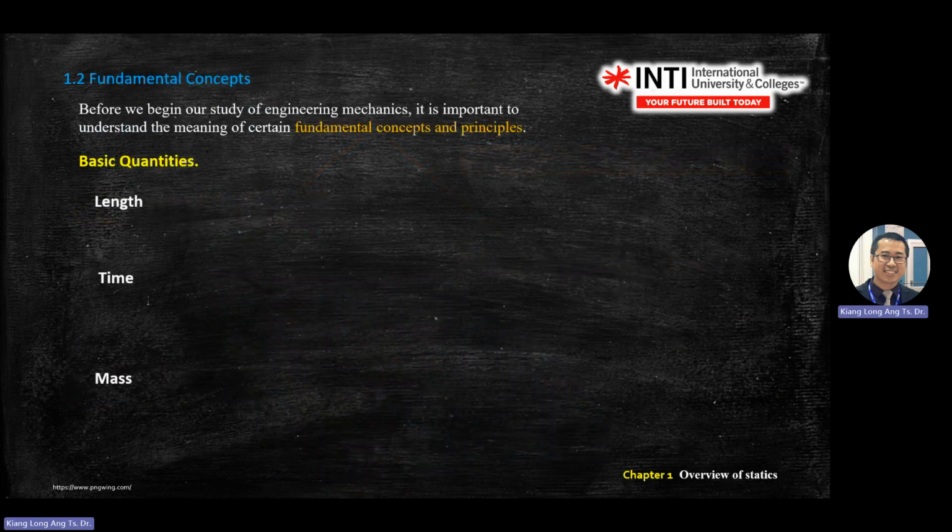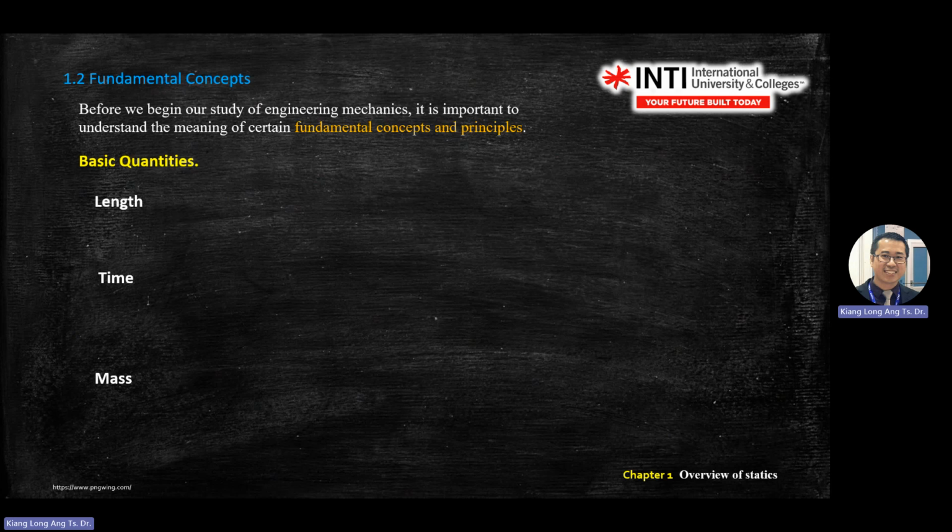So in physics, also know what the basic quantities are: length, time, and mass. In this module also, there's a difference between mass and weight. Mass unit is kilogram, weight is in Newton.